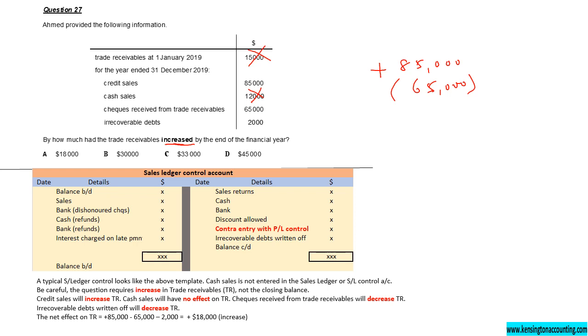Therefore, this reduces the amount owed by trade receivables. Therefore, the net effect of the three movements is positive 18,000. Therefore, the answer is A.